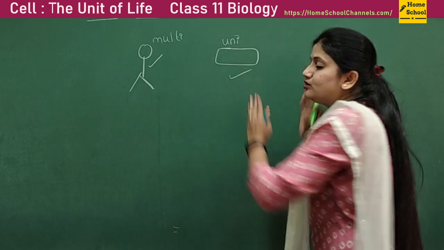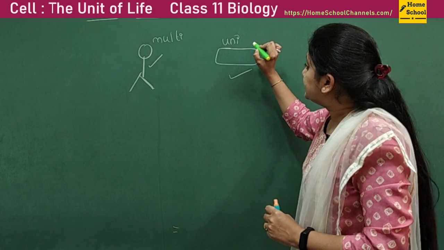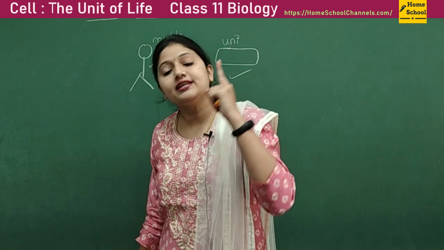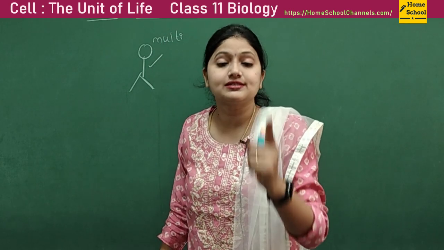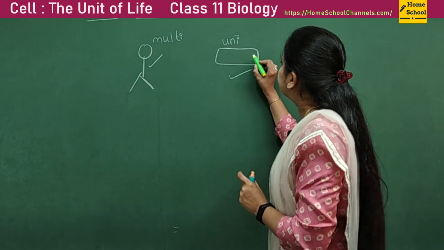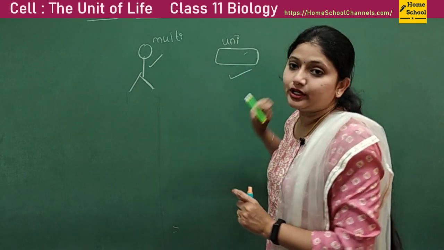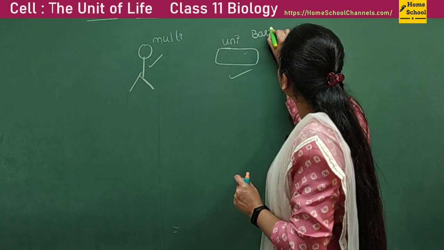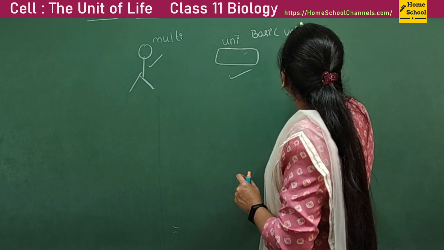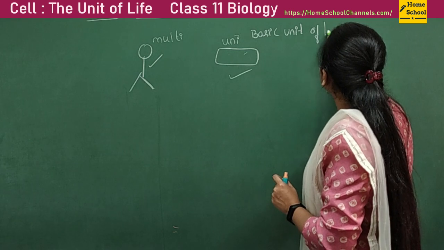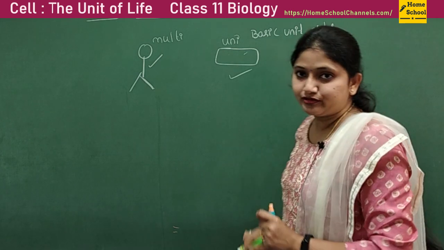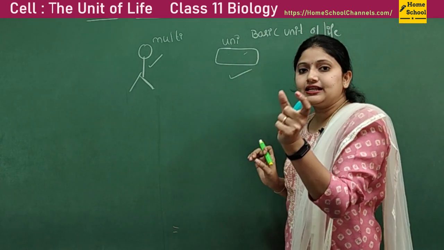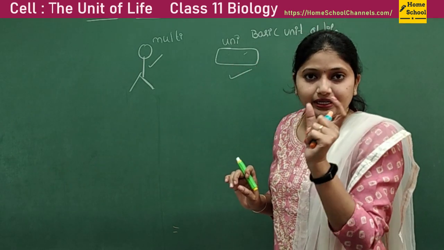So if it is able to survive, then a cell as a single unit can also survive. Hence we call this the basic unit of life. And what exactly a single cell is composed of, those details we will study a bit later.